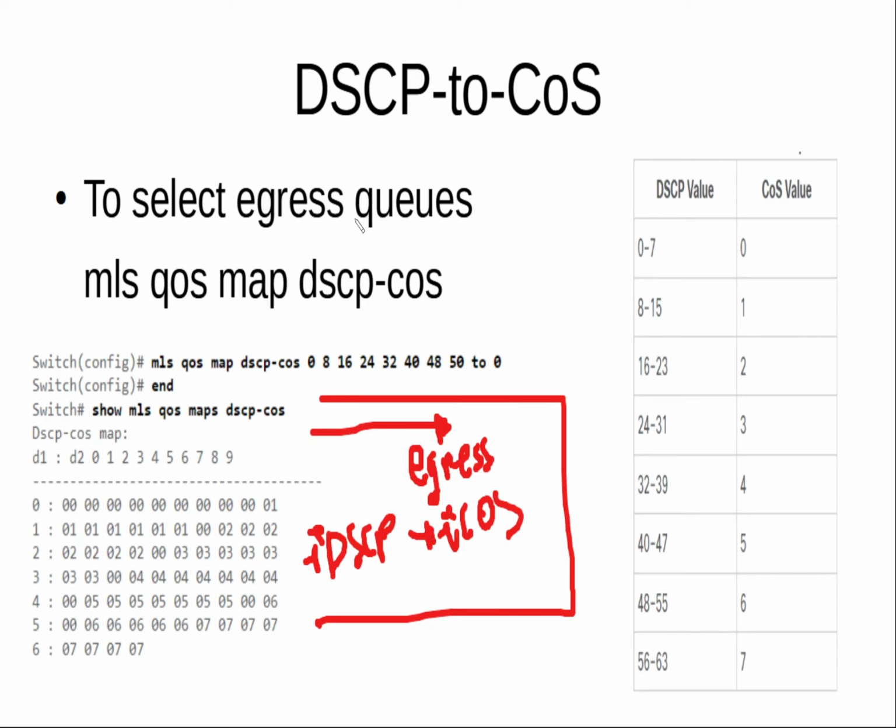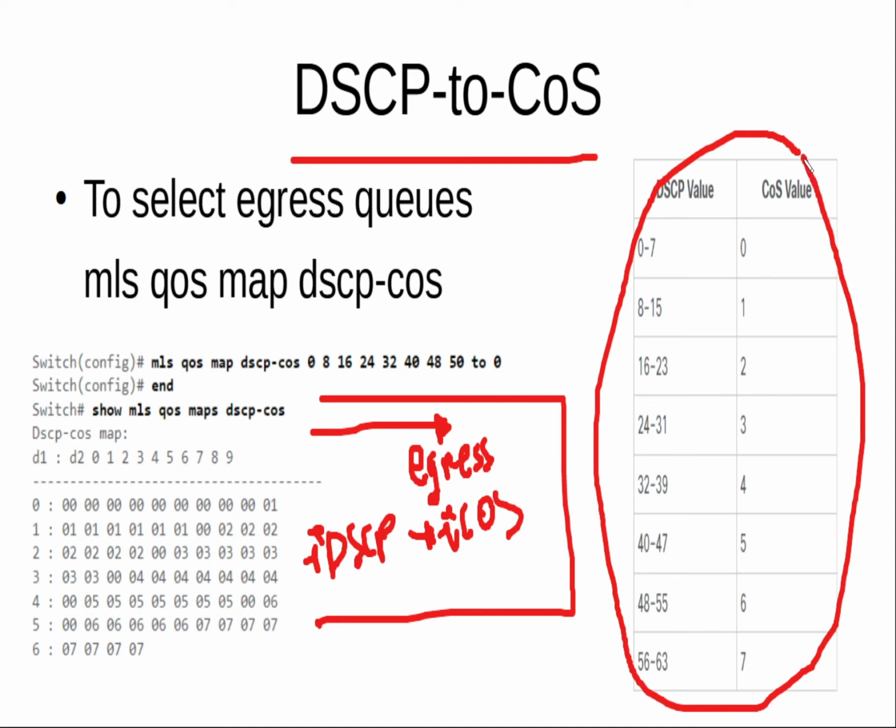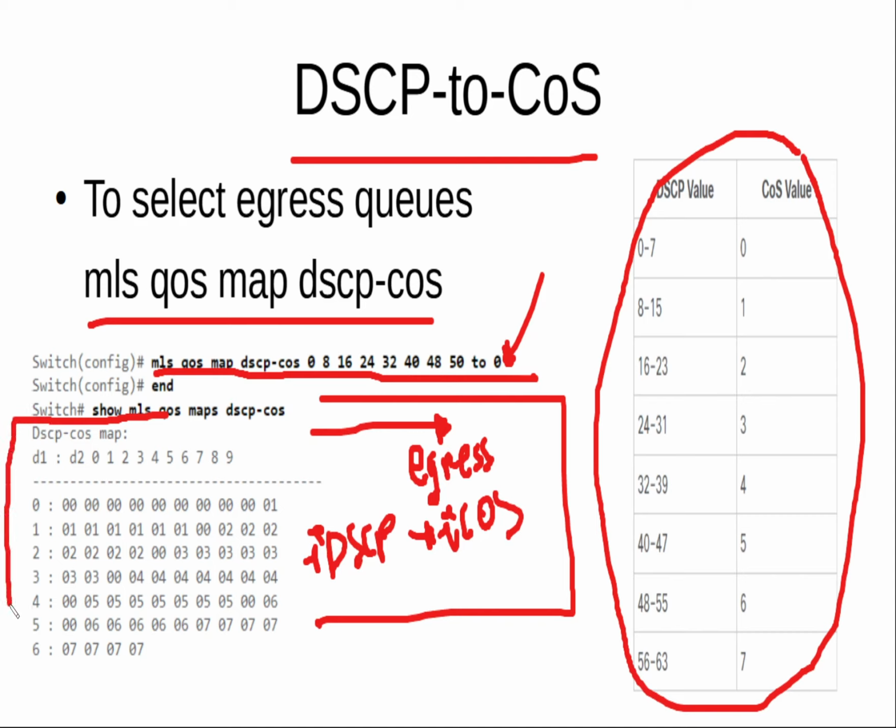And then you're going to need a DSCP to CoS table. This is the default for this table, and this is the way you can change it. This is an example of how to change this table for a particular CoS value, and this is the complete DSCP to CoS table.